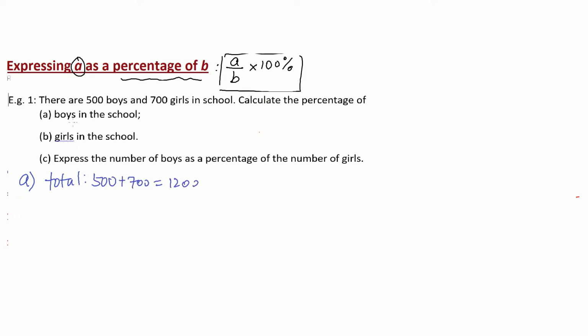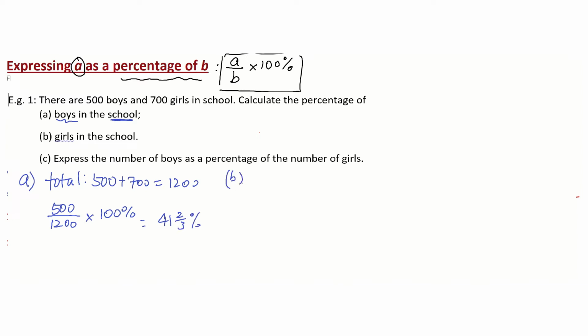So I'm going to find the percentage of boys in the school. That means to say I need to express the number of boys as a percentage of the number of students in the school times 100%. Key this into your calculator and you should get 41 and 2/3%.